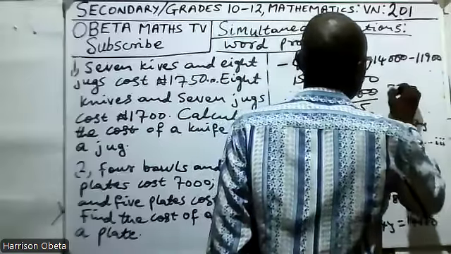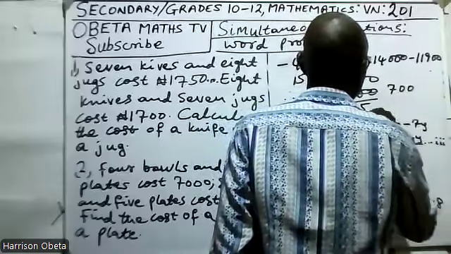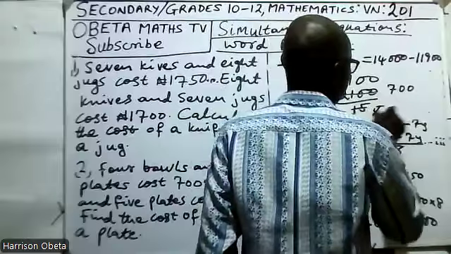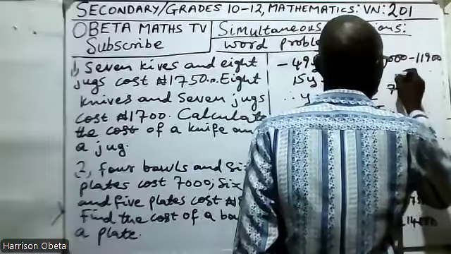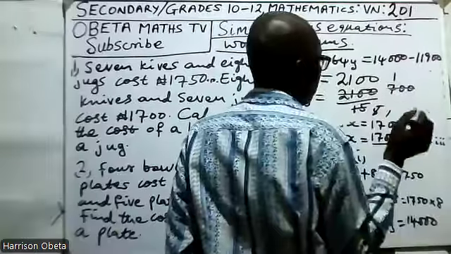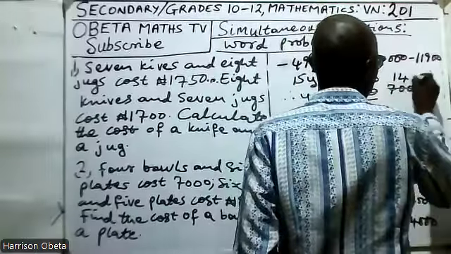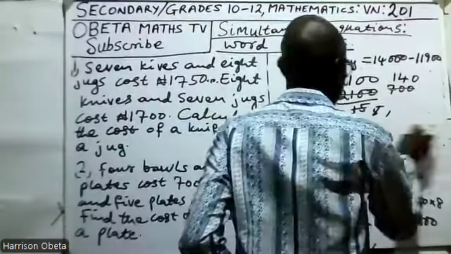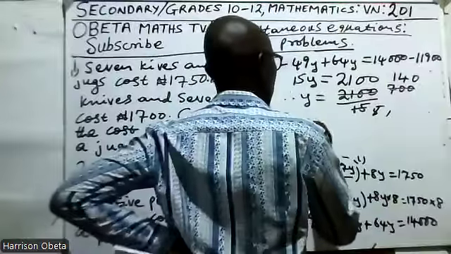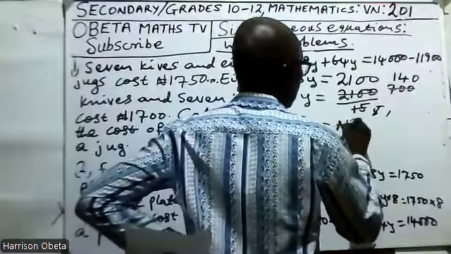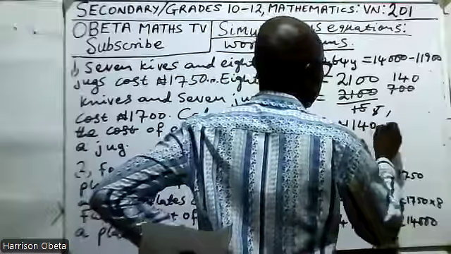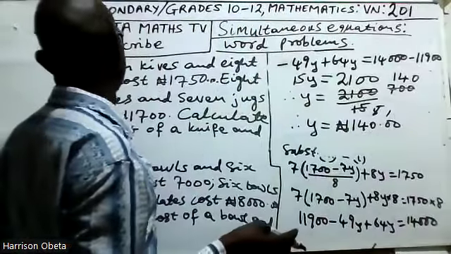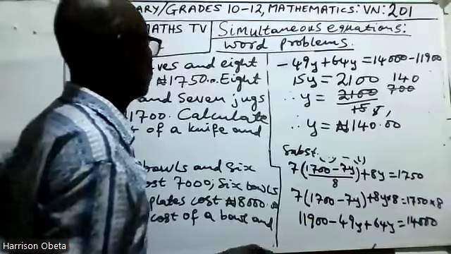When we divide, we have a remainder. So it then means that y is equal to 140 naira. That means the cost of a jug.